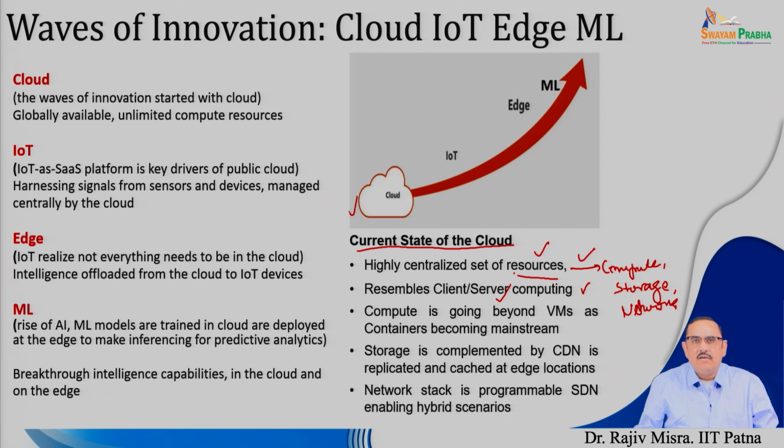The server means the data center, the highly centralized set of resources, whereas the client means the users of these services. This is the fundamental basics of the current state of the cloud.